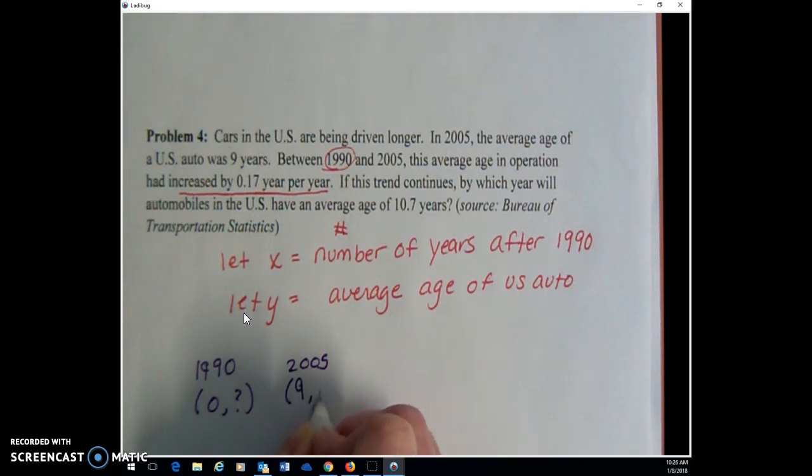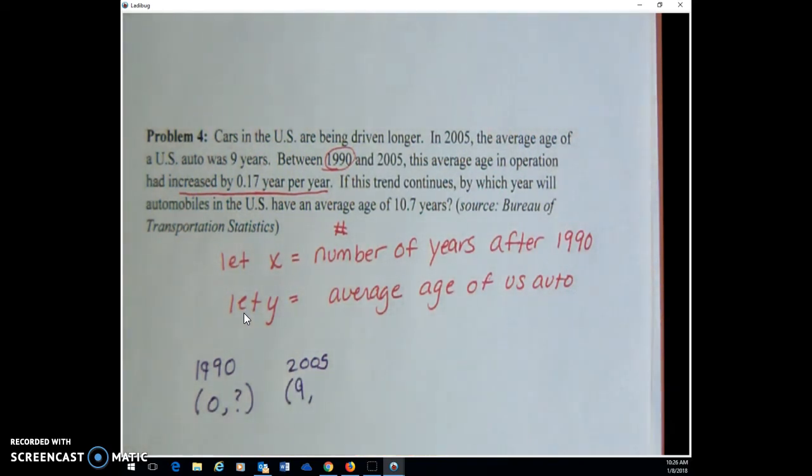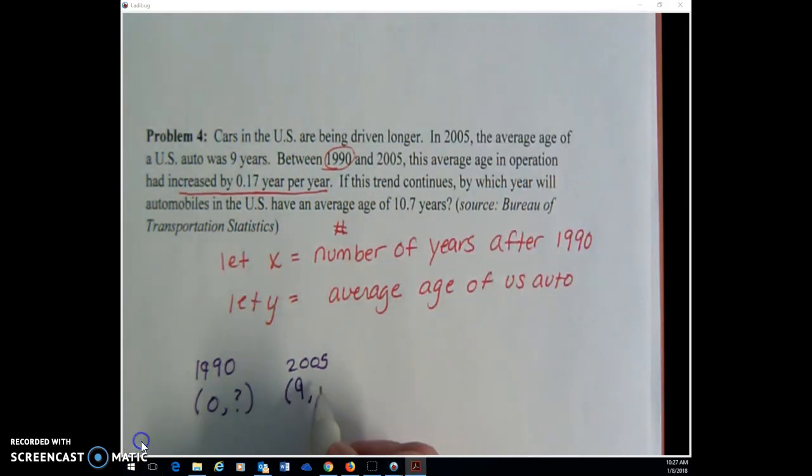And if we go ahead and subtract to figure out how many years that is, hopefully you got 15 for that.